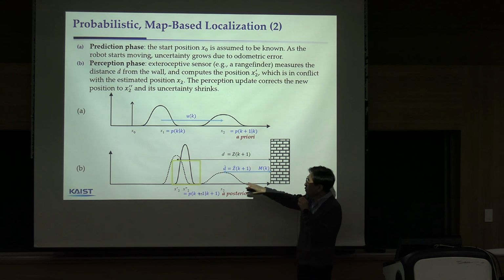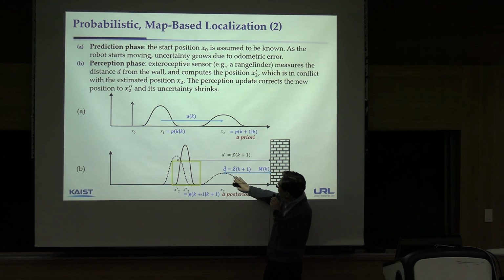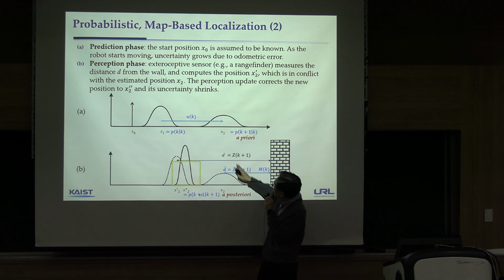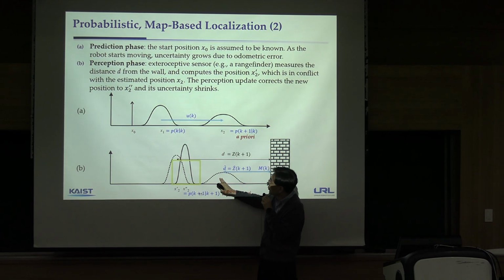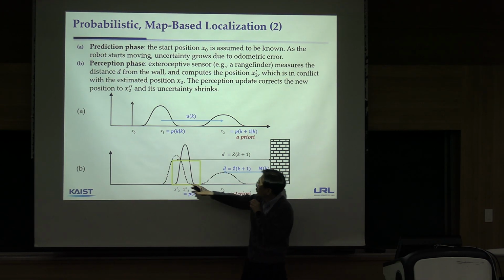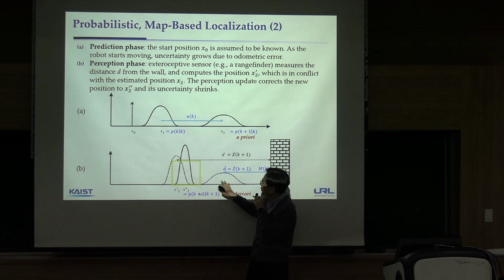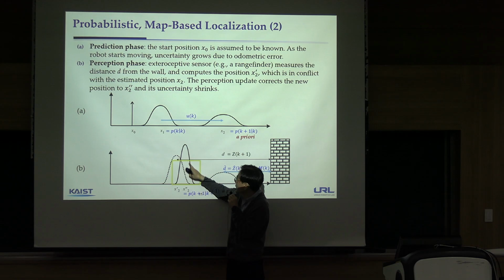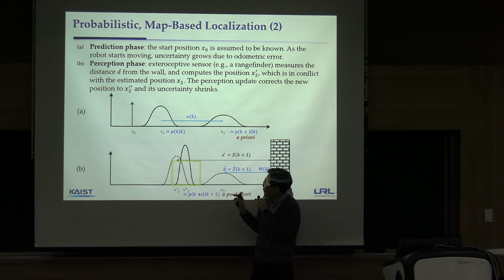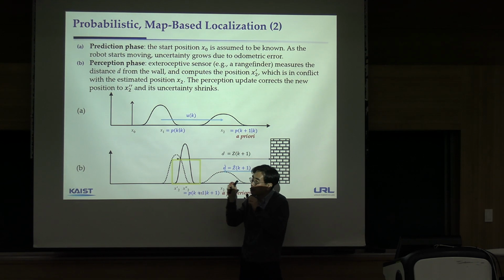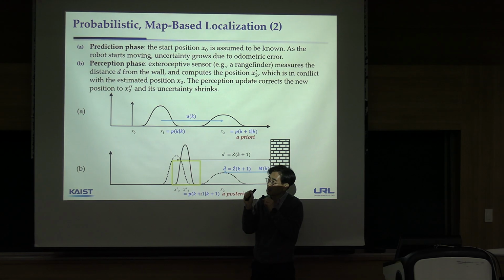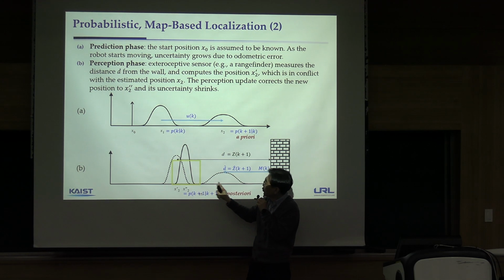So how to fuse these two? This is the estimated uncertainty at x2, but we had the actual measurement like here, and we fuse these two measurements to obtain this one. And you know that this estimation will have a smaller covariance than this one or this one.